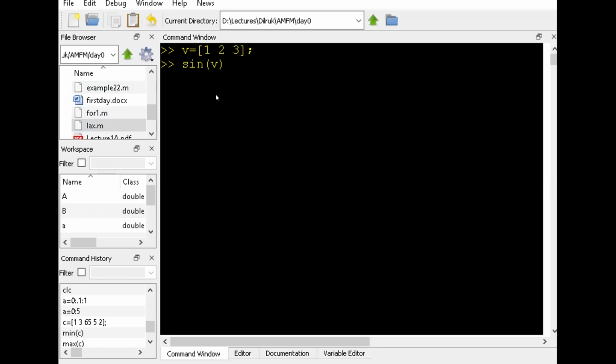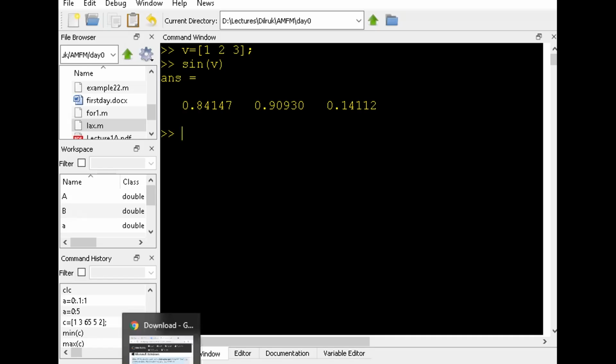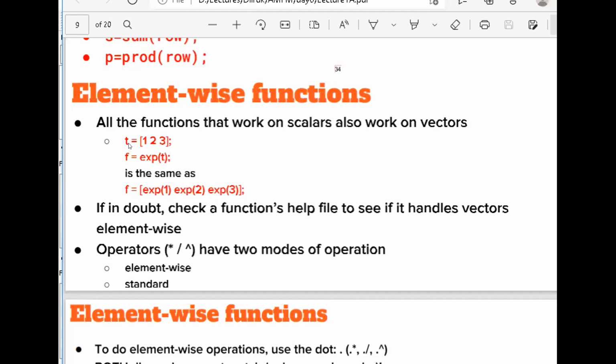This is the convenient use in matrices. This is the convenient use in Octave. You don't need to type sine of 1, sine of 2, sine of 3. It comes straight away, right? Look at this.